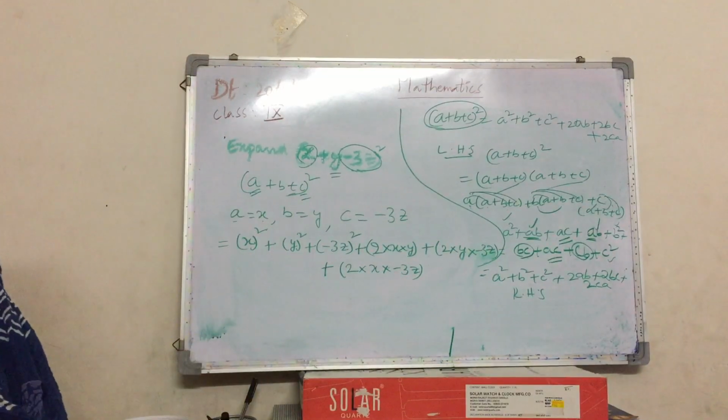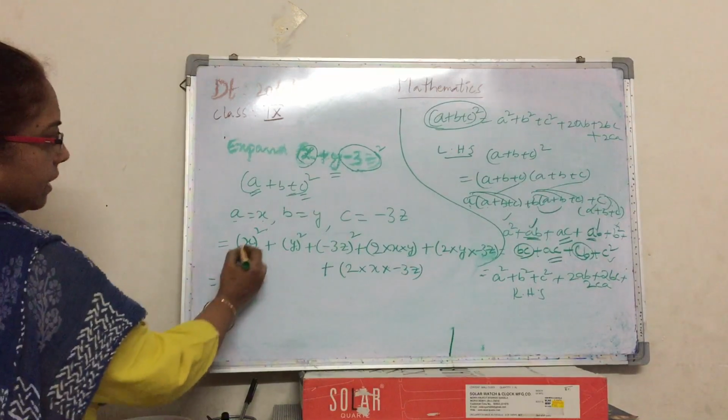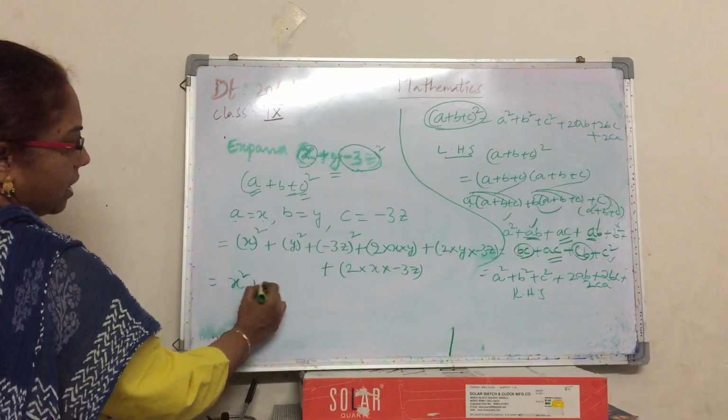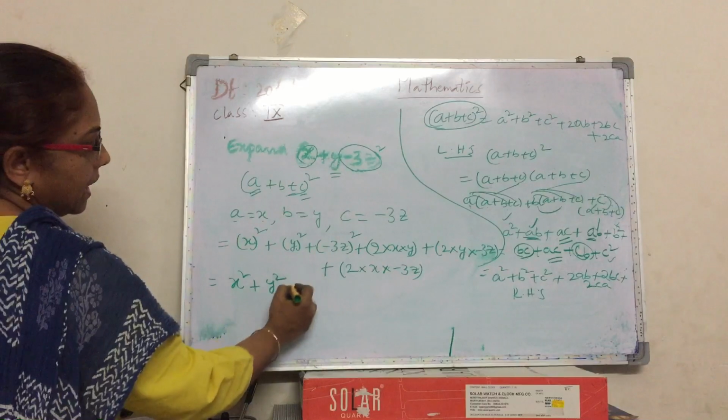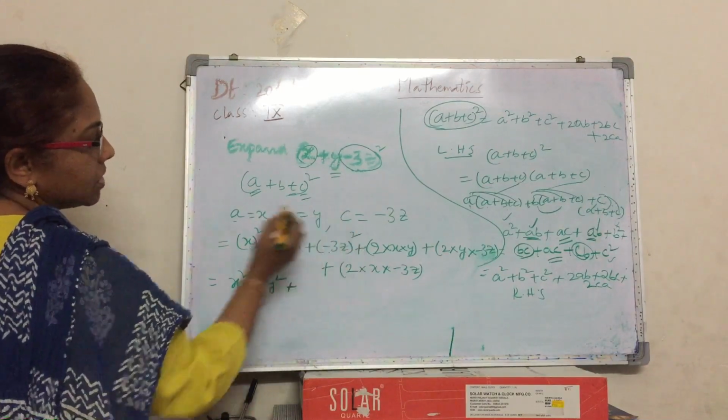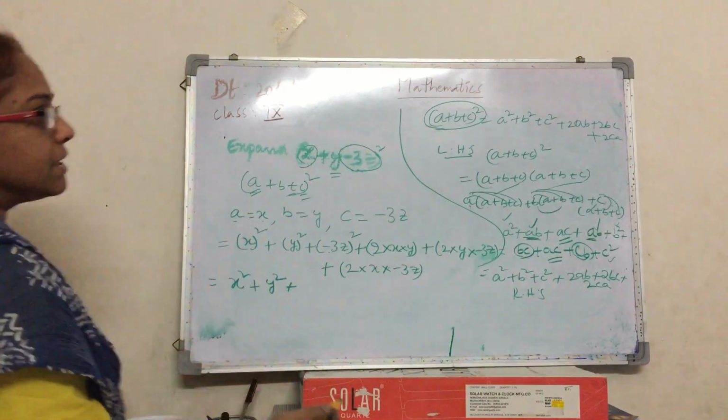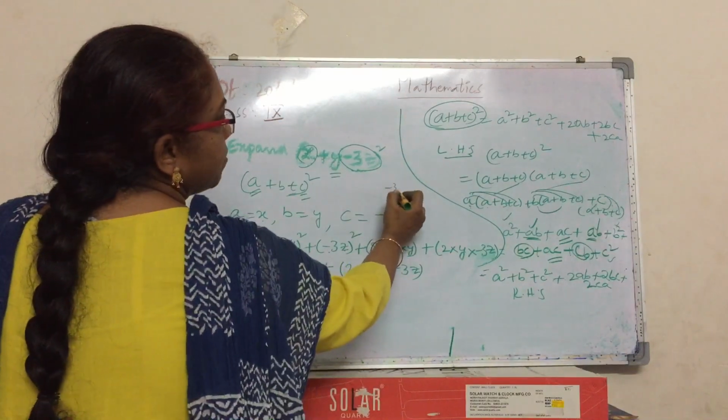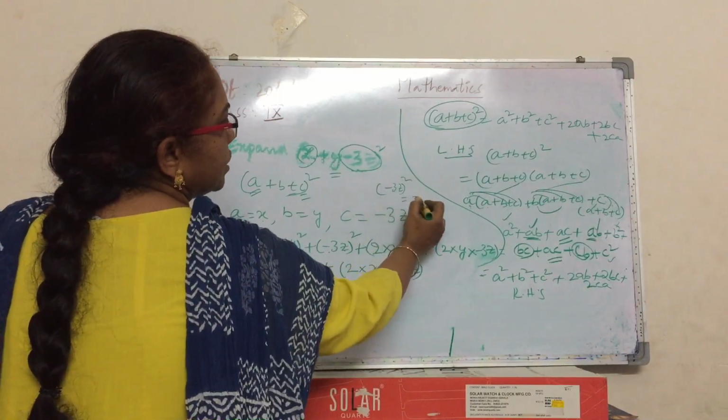So this is the expanding form. Now simplify this. Here x square means x square plus y square plus, here, (minus 3z) whole square means what? Minus 3z we have to multiply, expand 2 times and multiply.